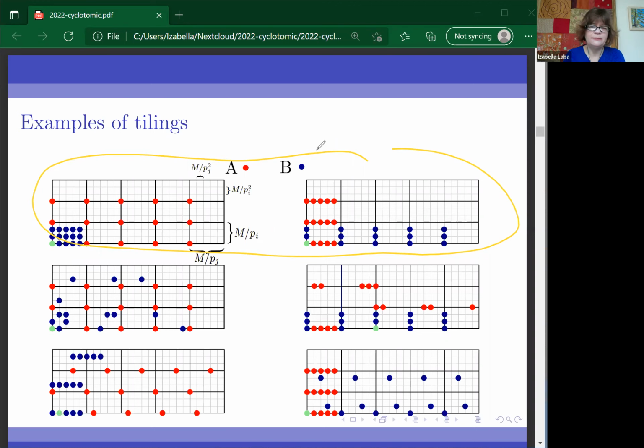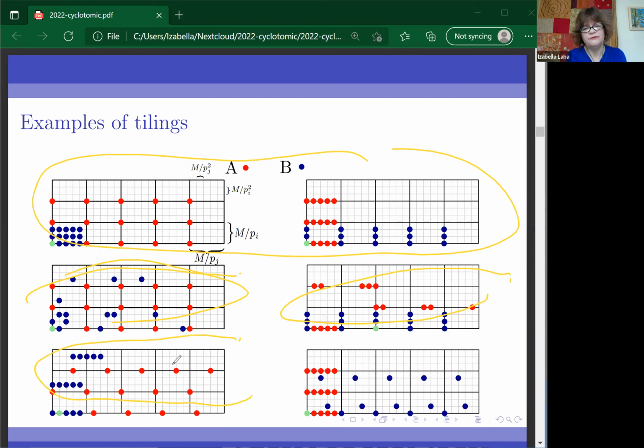So at the bottom, in the middle row, we messed up B a little bit. We kept A the same, but we shifted around some elements of B. Here we shifted some elements of A, and similar modifications in the pictures here at the bottom.